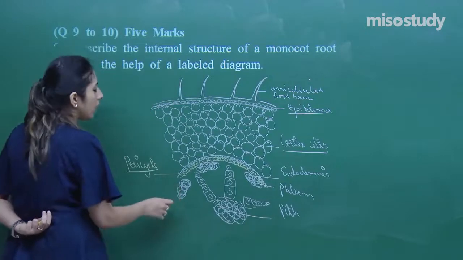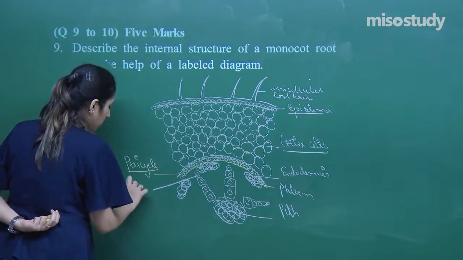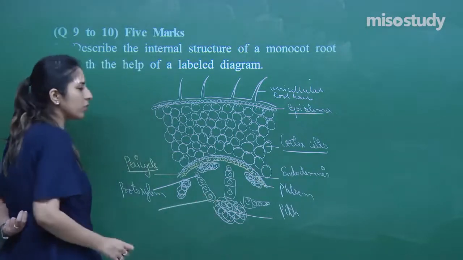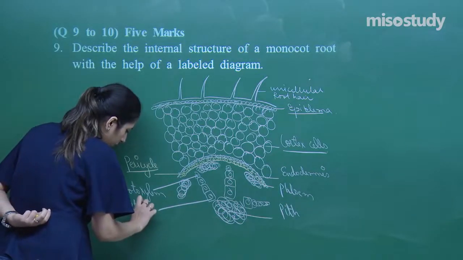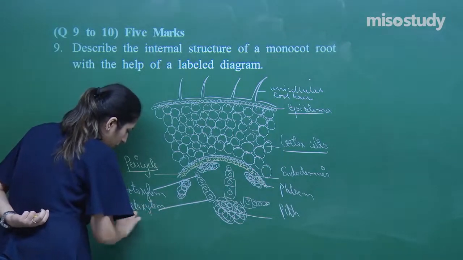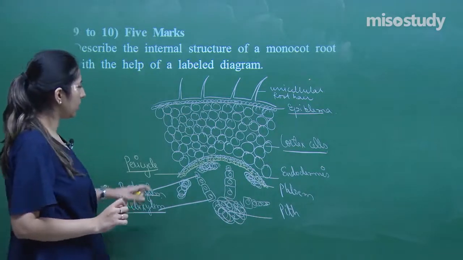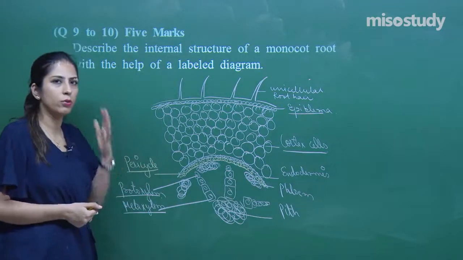This as a whole is called xylem, and this is called protoxylem, whereas towards the centermost region we have metaxylem. This is the overall structure of a monocot root. This is how the monocot root looks.